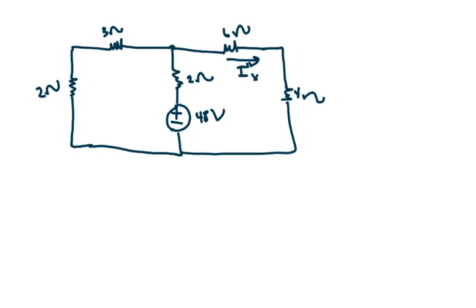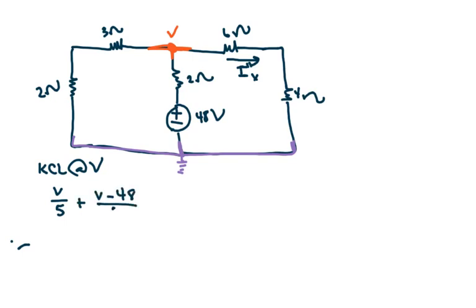This time I'm going to use node voltage method, with this node here as the reference node. We're going to do KCL at node V. That will be V over 5 plus V minus 48 over 2 plus V over 10 equal to 0. Let's multiply that out times 10.